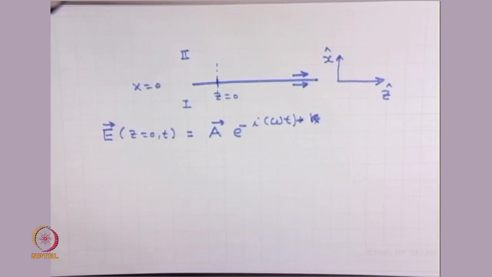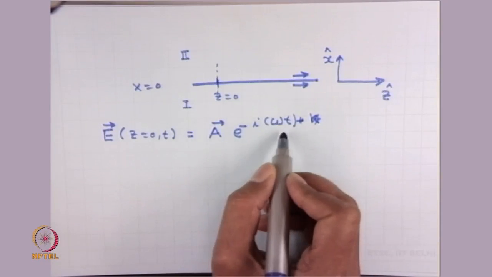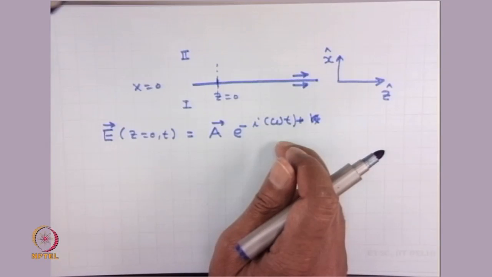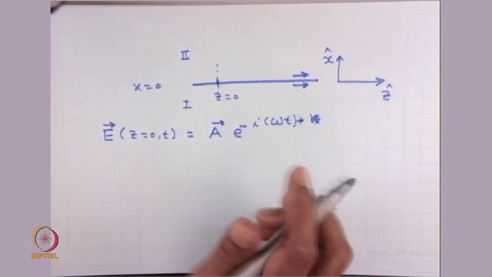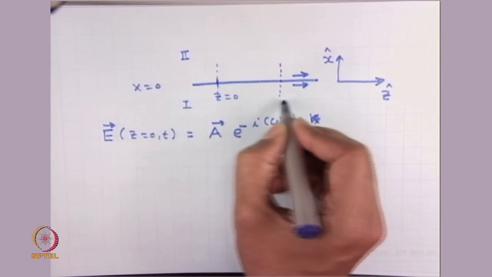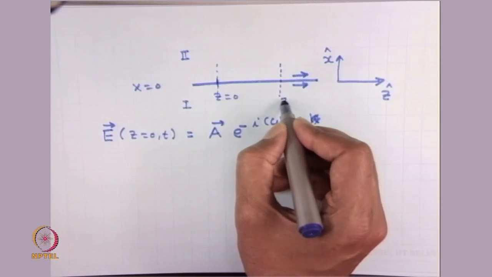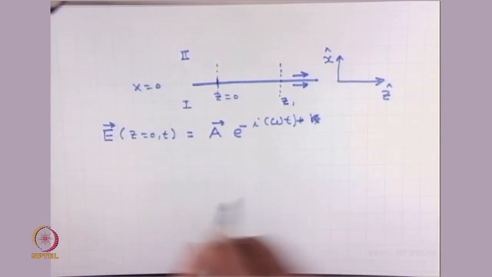Suppose I consider the electric field of this wave to have time dependence of this form. The actual electric field is the real part of this, meaning A cos omega t. And I say that the same field appears here at z position at a later time.